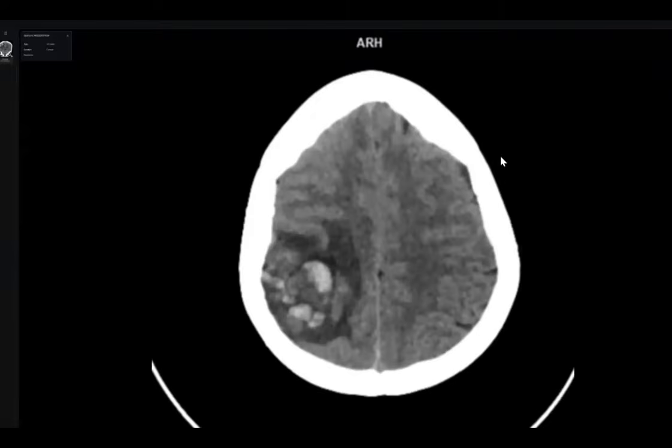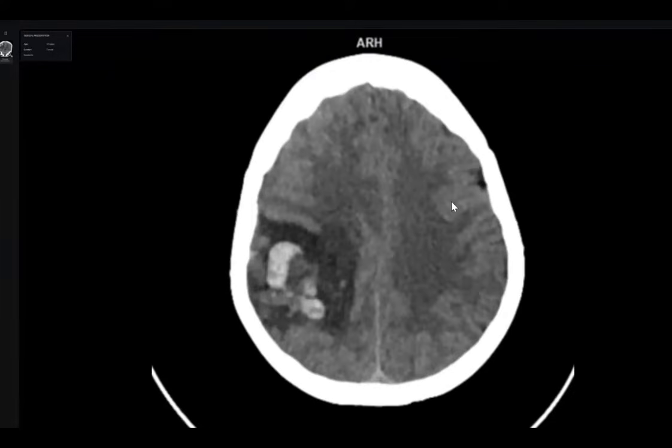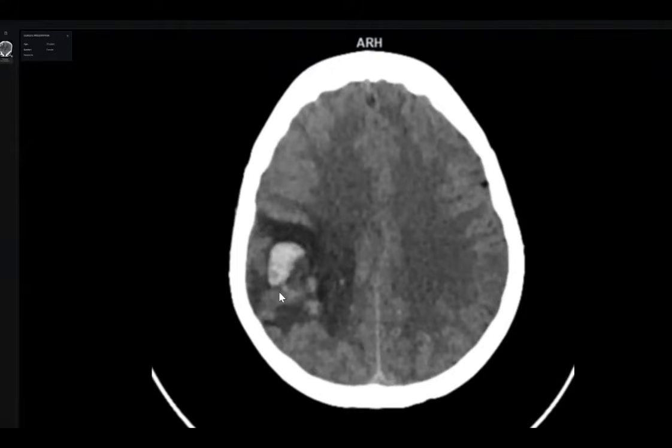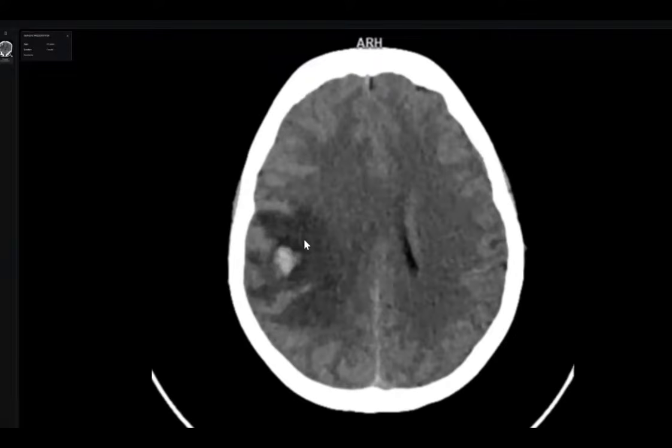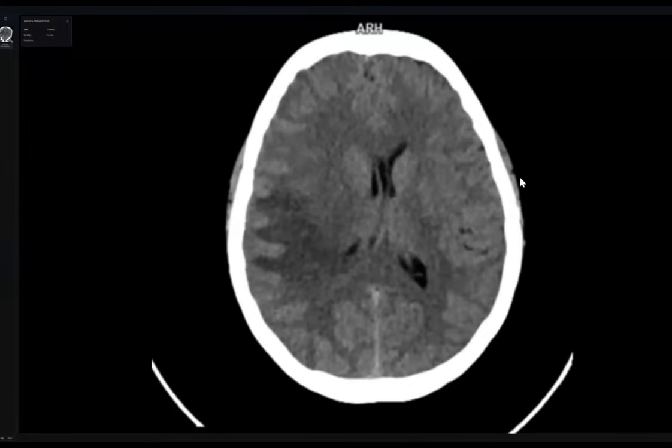I'm presented with axial cuts of a non-contrast study. Starting with the presence of a serpentine hyperdense structure at the right frontoparietal region with surrounding vasogenic edema. Sorry, it's lagging with the scrolling.